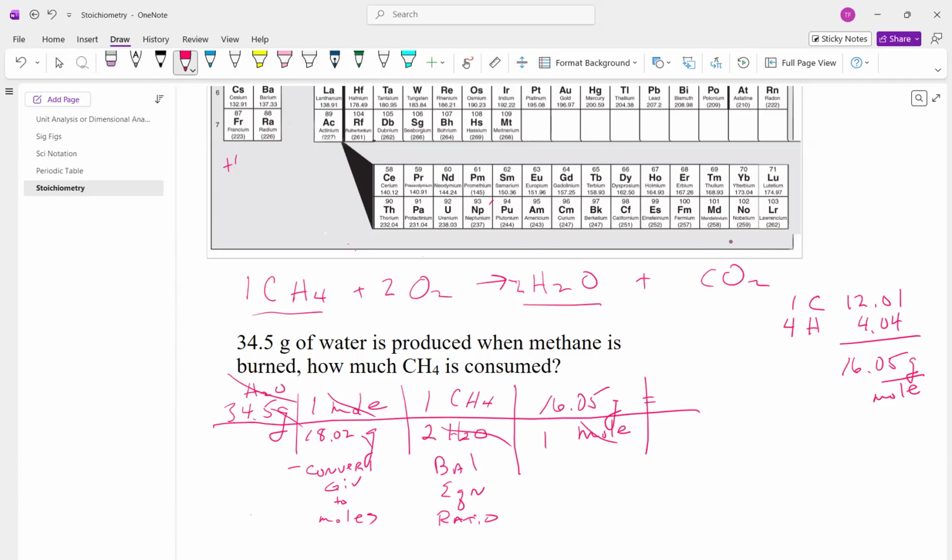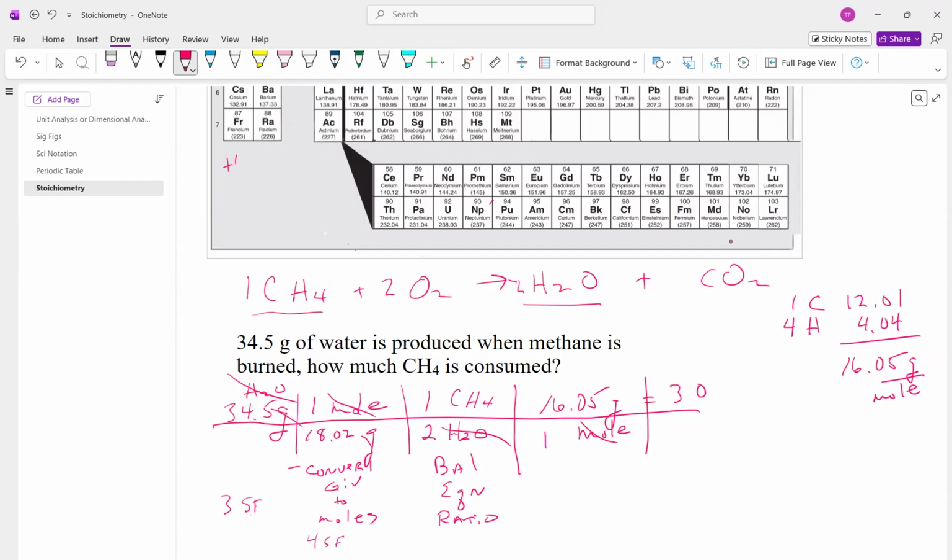So what are we left with? Grams of methane. What are we trying to calculate? Grams of methane. So multiply everything on the top, divide by everything on the bottom. Okay, 3 sig figs, 4 sig figs.